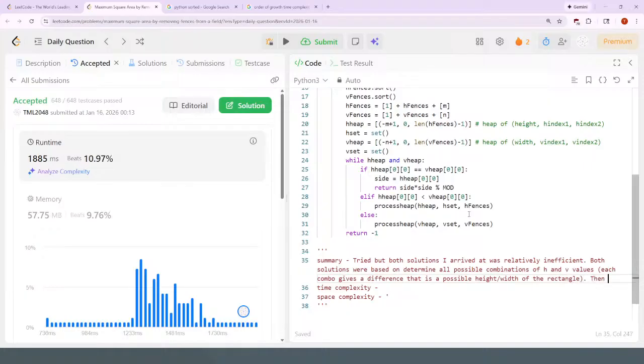Then try to find the largest common height and width, which would make a square.